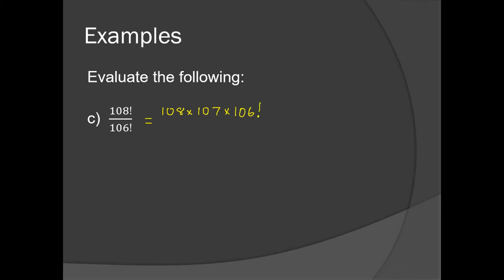So I can almost peel off those first two, 108 and 107, and then write the rest as 106 factorial over 106 factorial, and those divide to 1. What you're left with is something you can easily do on a calculator, 108 times 107, which is 11,556.